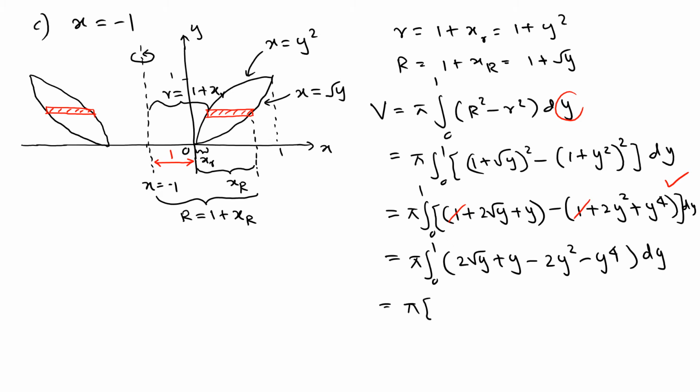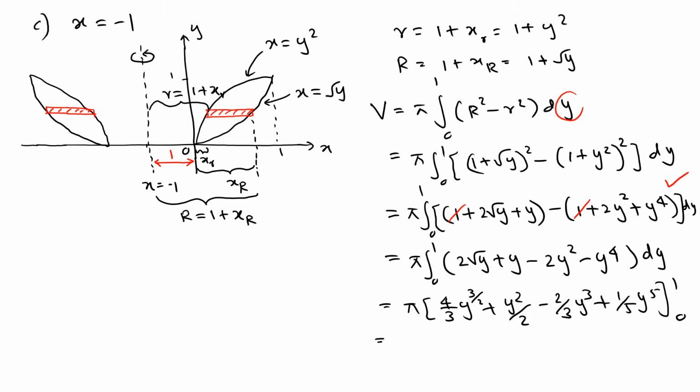So if you integrate, from the first one you're going to get 4/3 y to the 3/2, and then y squared over 2, and then 2/3 y cubed plus 1/5 y to the fifth. Evaluate at 1 and 0. When you plug in 0, it is gone.